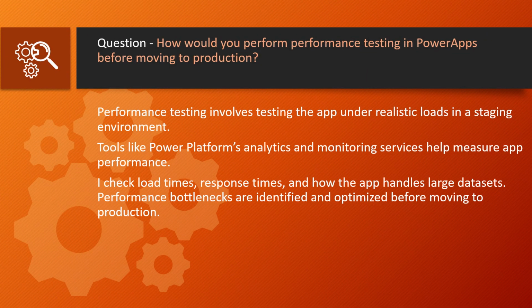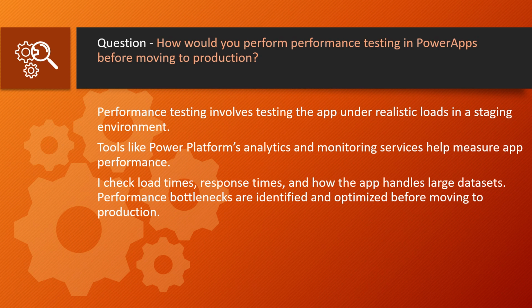How would you perform performance testing in Power Apps before moving to production? So in Power Apps, performance testing basically involves testing the app under realistic loads in the staging environment. So whatever is the expected load that can happen in the production environment, a similar scenario we should create in the staging environment to do the performance testing.